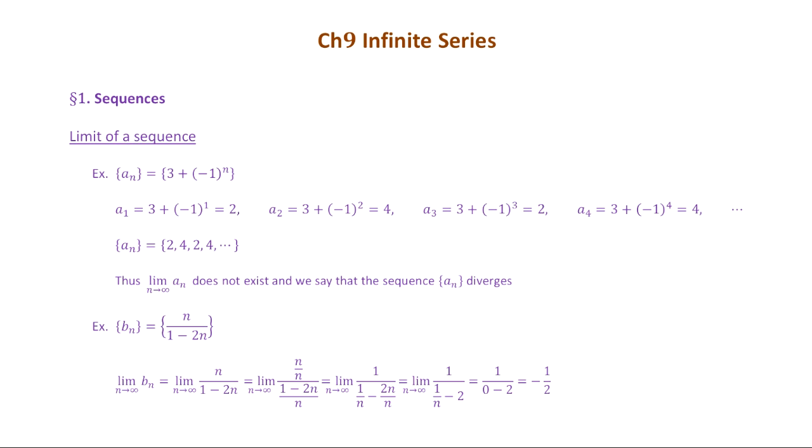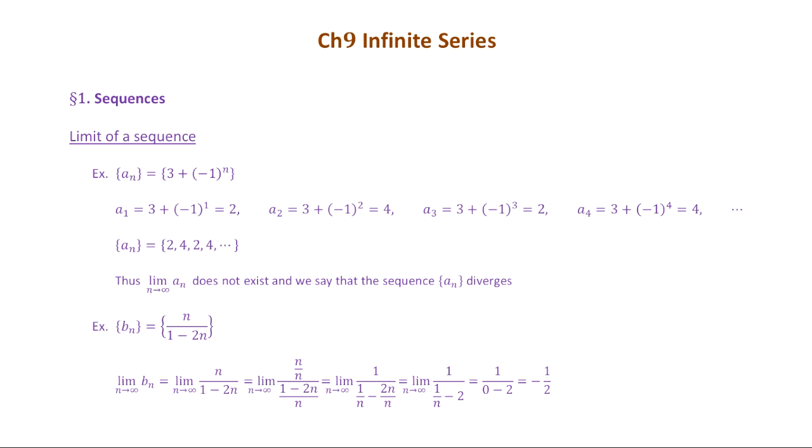Okay, and the second example we did previously, b_n equals n over 1 minus 2n, and we try to find the limit of this sequence. The way to do it is to divide by n both on the top and at the bottom. I think you learned how to evaluate the limit of a function before.